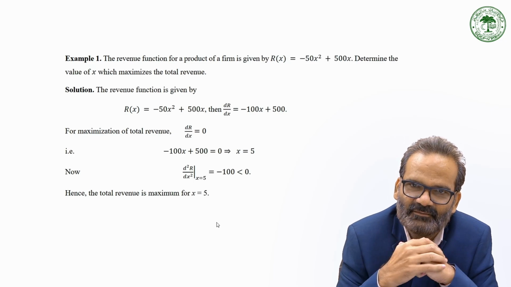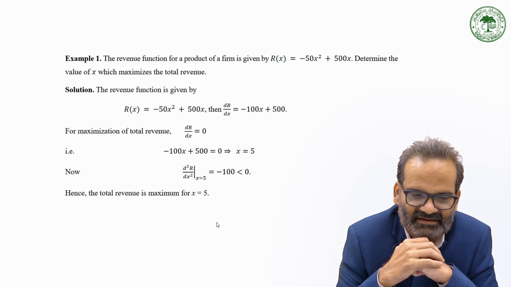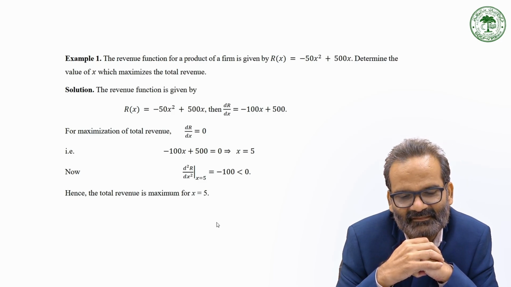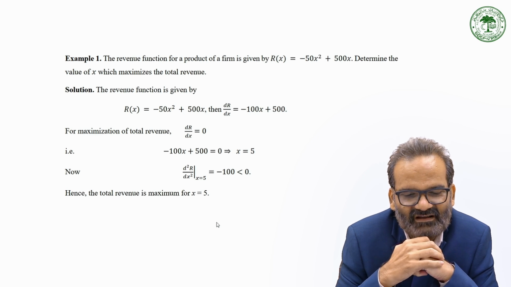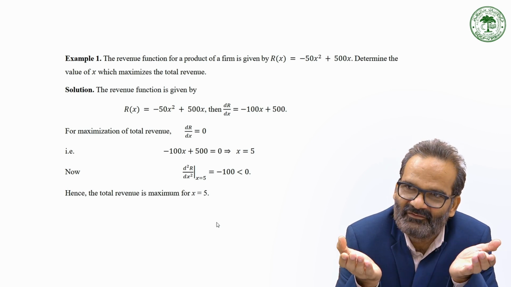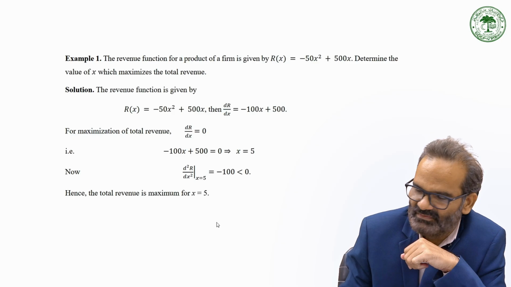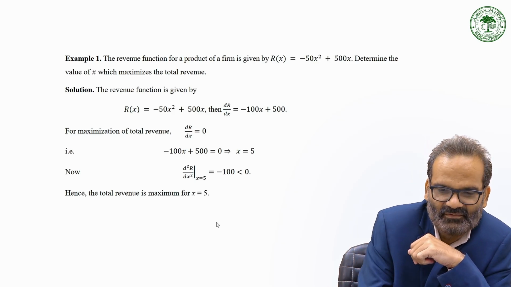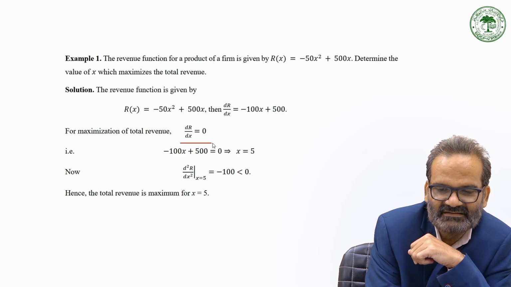So naturally the revenue function is R(x) equals minus 50x square plus 500x. What is the first step? Find its derivative, that is dR over dx. So dR over dx will be minus 100x plus 500. And we know for maximization of the total revenue, the first derivative should be equal to 0. So dR over dx is 0.